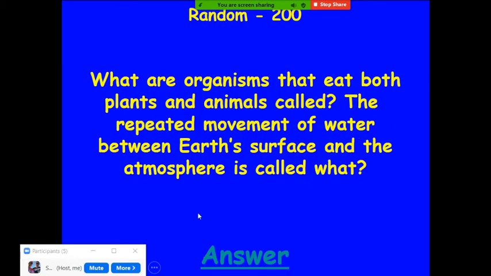What are organisms that eat both plants and animals? Like most humans eat both plants and animals. The repeated movement of water between Earth's surface and the atmosphere, what do we call that?